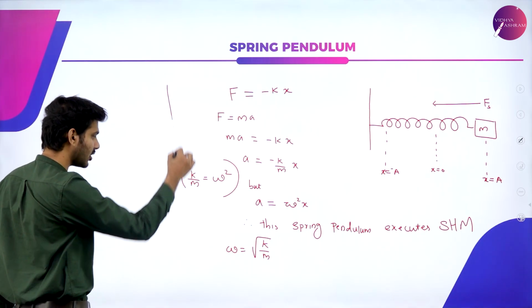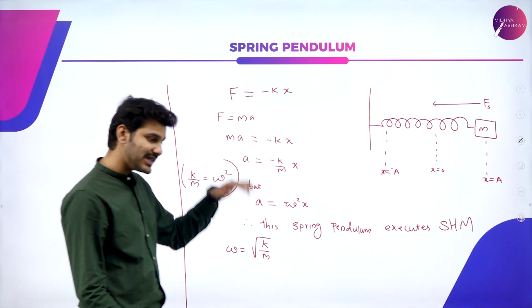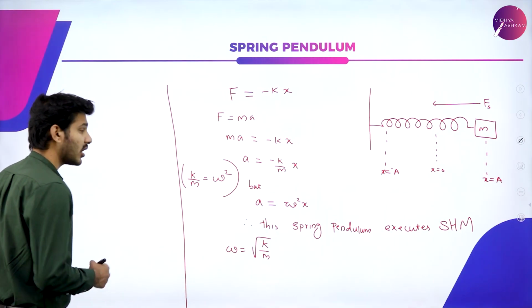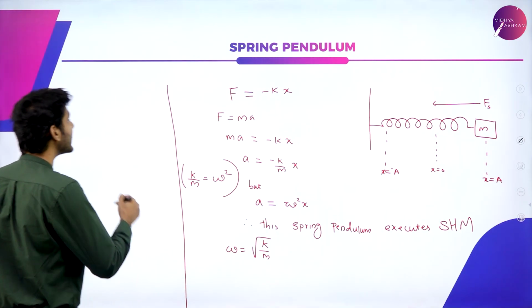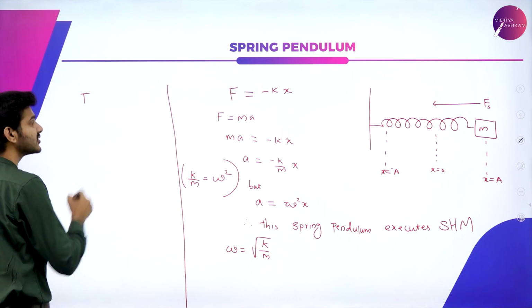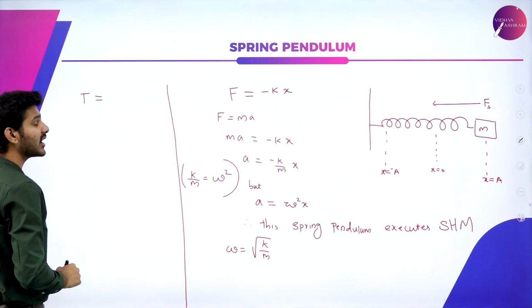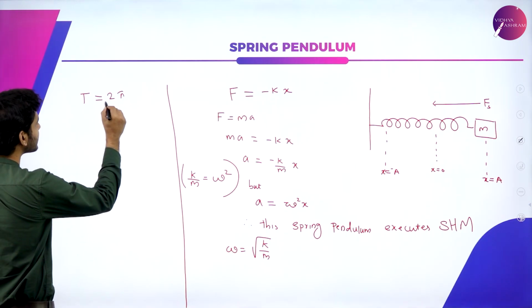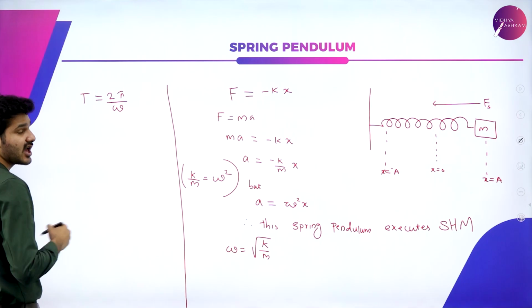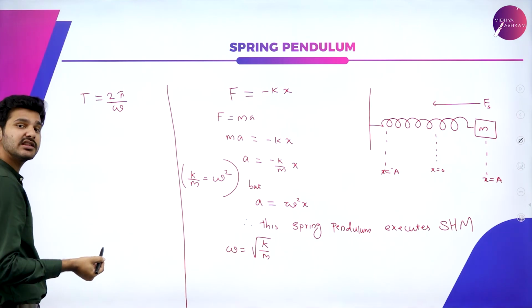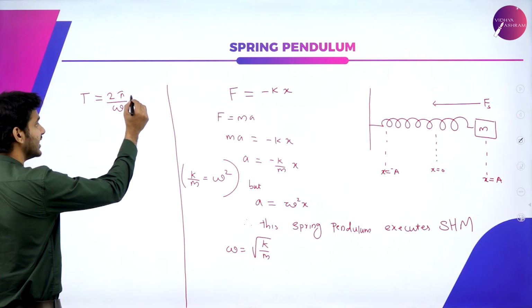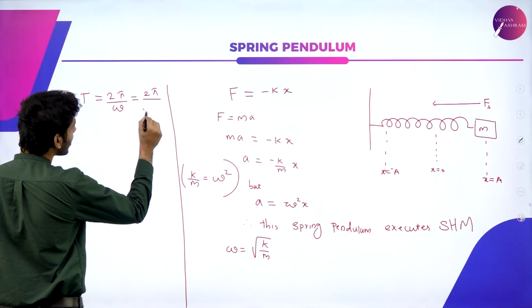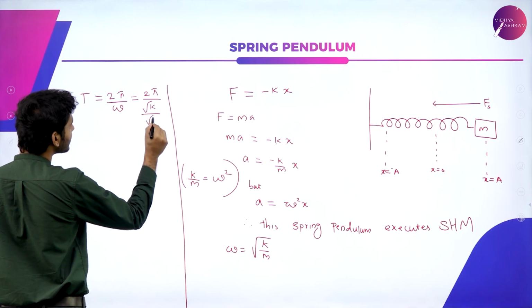Now the derivation is not complete yet. These are preliminary assumptions which you already know. Now, what we really need to find out is the time period of the spring pendulum. We know that time period is given by the equation 2 pi by omega, which is 2 pi divided by root of k divided by root of m.